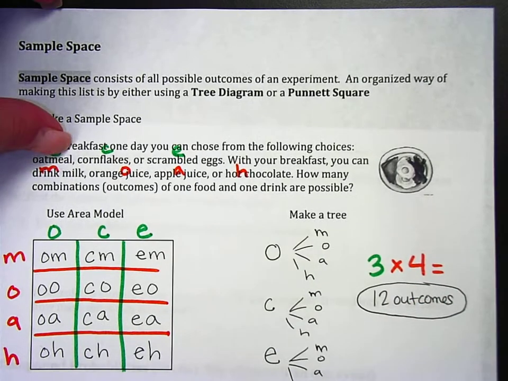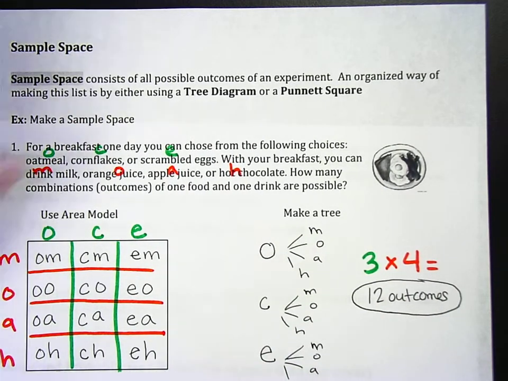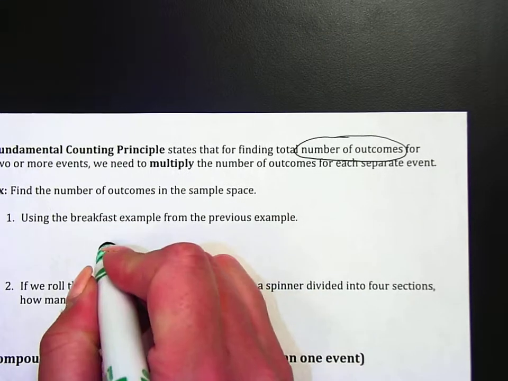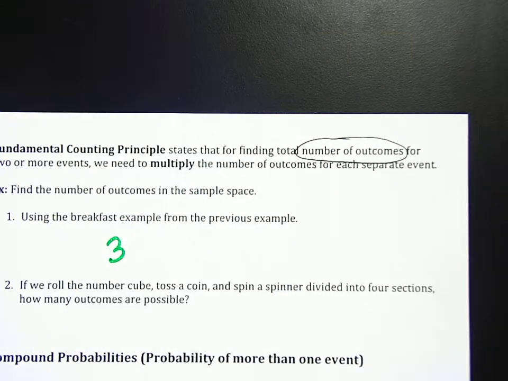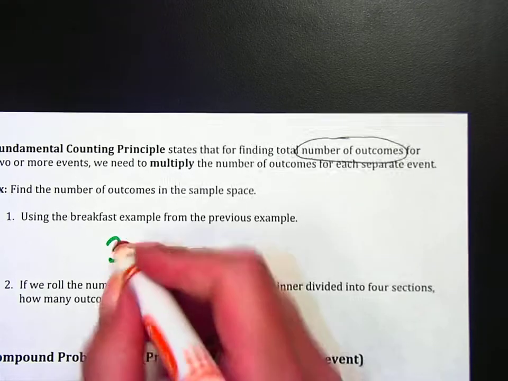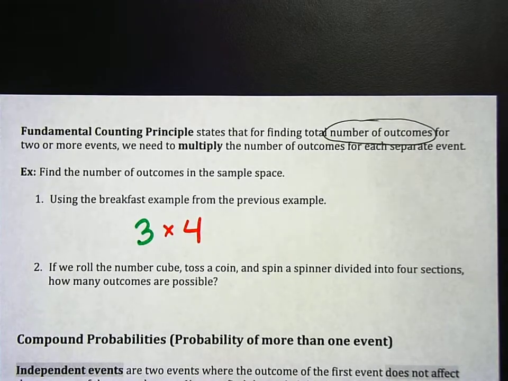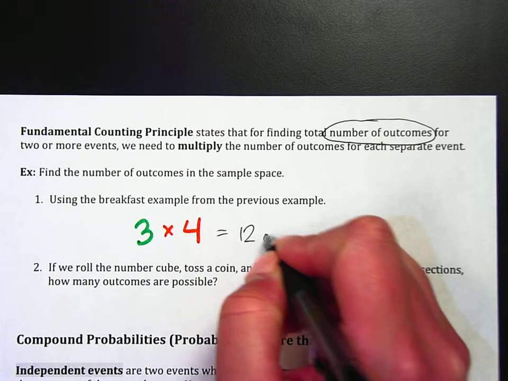So again, if you just want to copy that in the space, or if you're over here, you're good to go. So I had 3 options: oatmeal, cornflakes, scrambled eggs, times 4 options: milk, orange juice, apple juice, hot chocolate. Total of 12 outcomes.